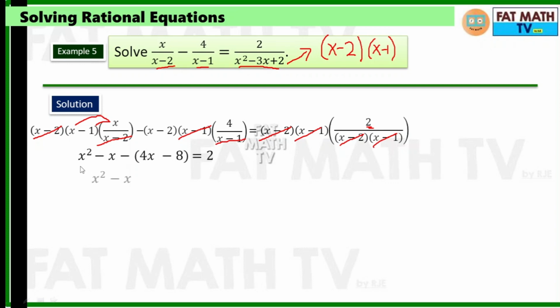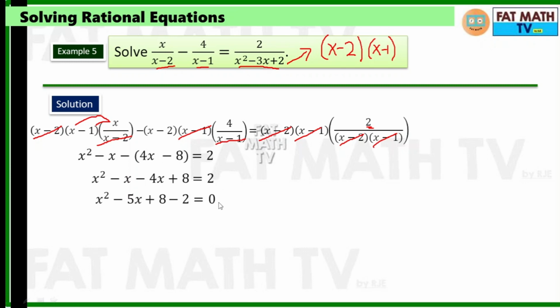So we will have x squared minus x, copy that, and then minus 4x plus 8 equals positive 2. And then we can simplify negative x minus 4x, that can be expressed as negative 5x. And then copy plus 8, transfer 2 to the left side, equals 0 is left.